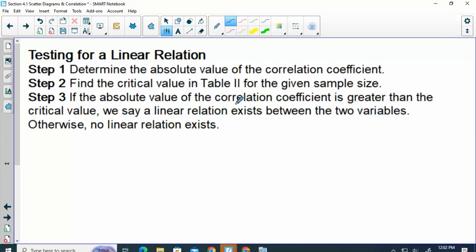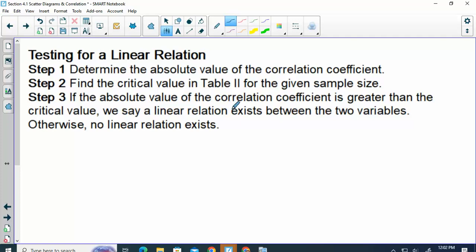All right, get out your formula sheet. There is table 2 on your formula sheet. Probably the second piece of paper, middle of the back of that second page.